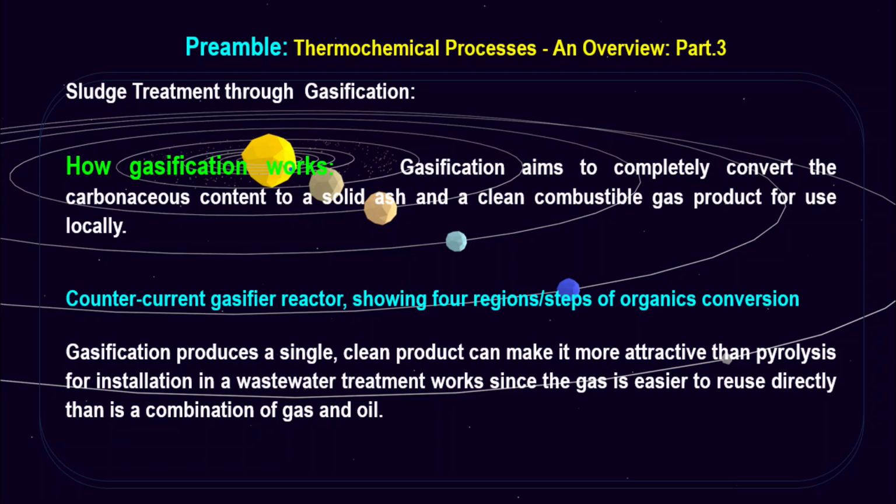Countercurrent gasifier reactor showing 4 steps of organics conversion. Further, gasification produces a single clean product, which can make it more attractive than pyrolysis for installation in a wastewater treatment works, since the gas is easier to reuse directly than a combination of oil and gas.